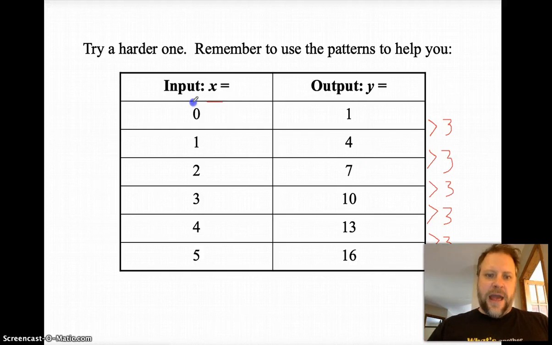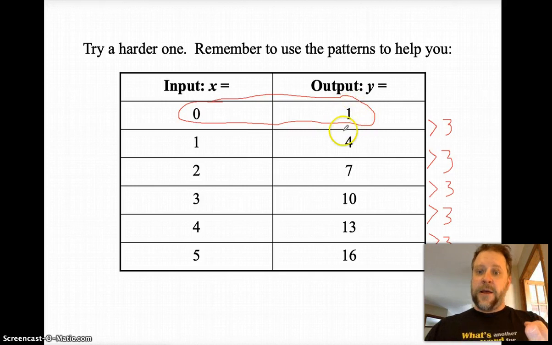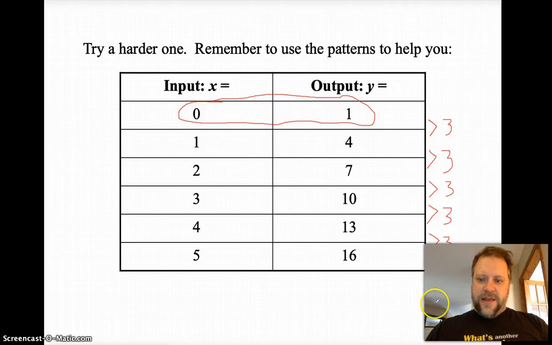If we look at the 0 case, that is, when x equals 0, then it's really easy to figure out what that plus, or in some cases minus, might be. Because if I make x 0, then I do 3 times 0, that's 0.